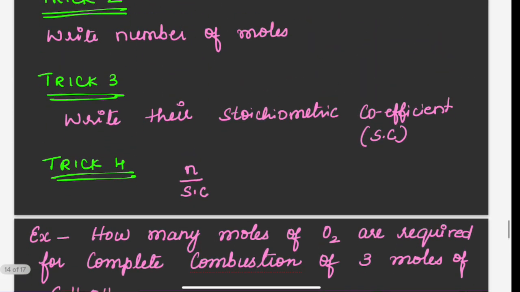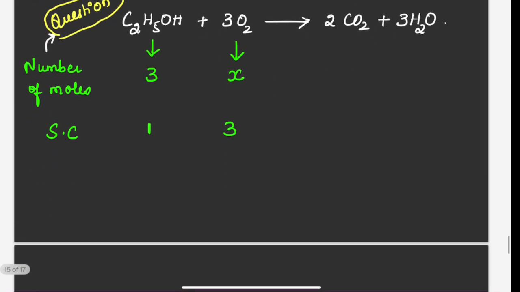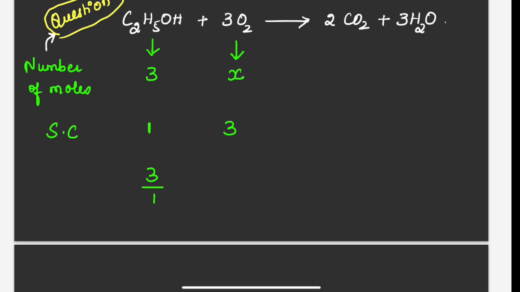What is the fourth trick here? Divide the number of moles by the stoichiometric coefficient. So trick number 4: now we are going to divide the number of moles by the stoichiometric coefficient. Here the number of moles is 3 divided by stoichiometric coefficient 1. This is equal to the number of moles x divided by the stoichiometric coefficient 3. So here you can see number of moles divided by stoichiometric coefficient for ethyl alcohol, and for oxygen, number of moles divided by stoichiometric coefficient 3.